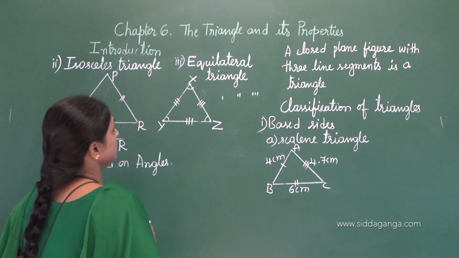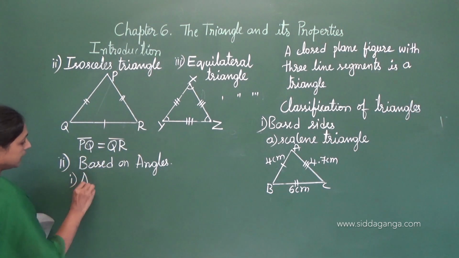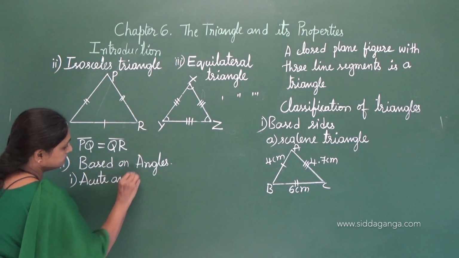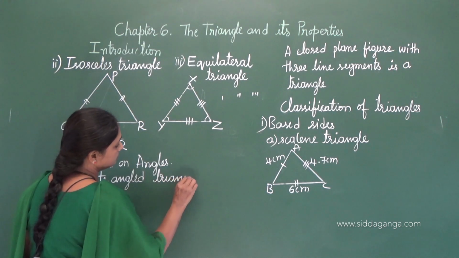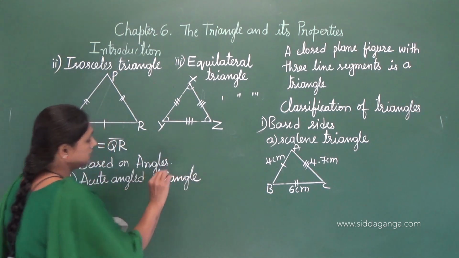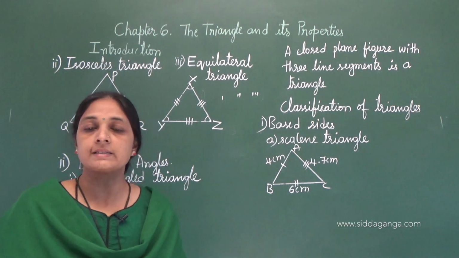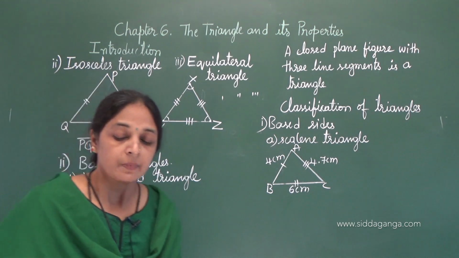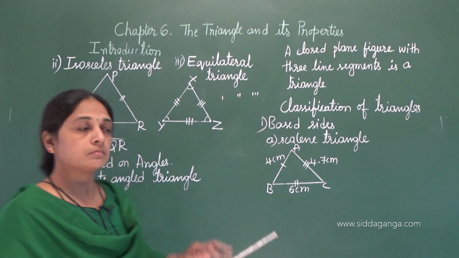So the first one is acute angle triangle. Okay, what is acute angle triangle? Acute means an angle which is less than 90 degrees, that is called an acute angle. Okay, here in a triangle we can see 3 angles.